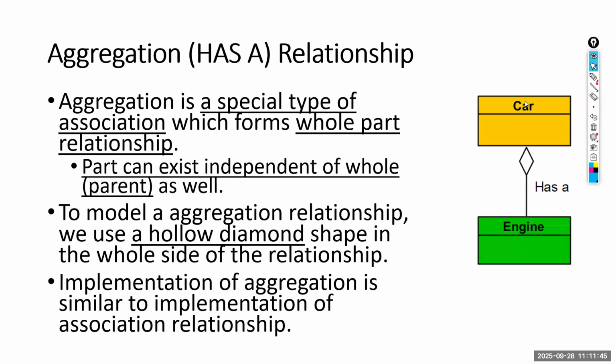Our next relationship is aggregation. Sometimes we call it the has-a relationship. Our next one is composition. What we discussed is association, something like this or this. But you can see there's a diamond shape. Aggregation is a special type of association.